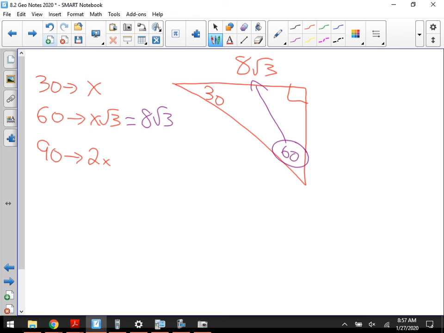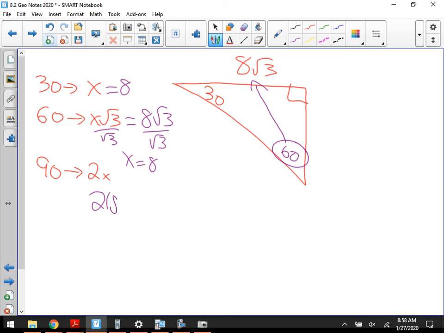So to figure out what the value of x is, divide both sides by the square root of 3. What's the square root of 3 divided by the square root of 3? 1, right? What's anything divided by itself? 1. So what's x? 8. So that means anywhere I see an x, what am I going to put? 8. So across from the 30 is 8. Across from the 90 would be 2 times 8, otherwise known as 16.